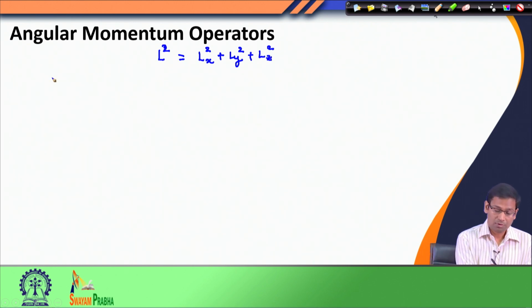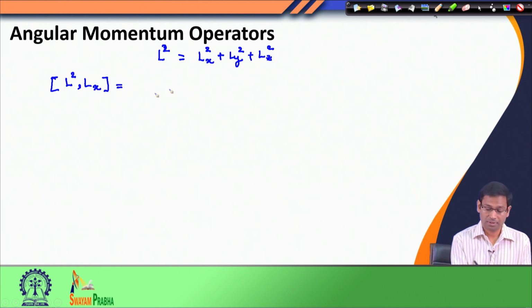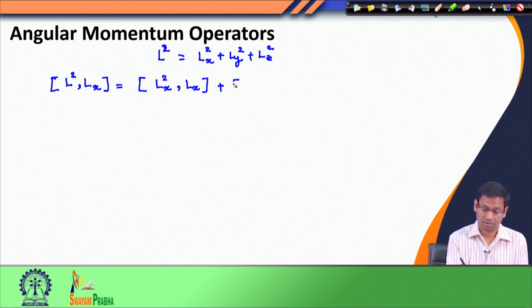We would now try to find out the commutator between L square and Lx. Since L square is defined as Lx square plus Ly square plus Lz square, to evaluate this commutator I have these three commutators to be evaluated.